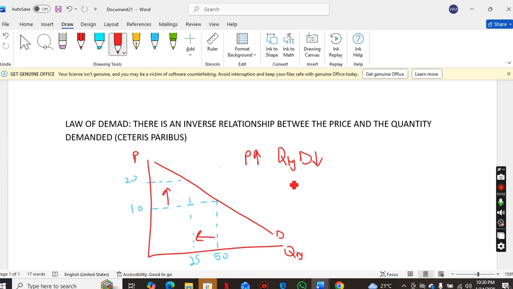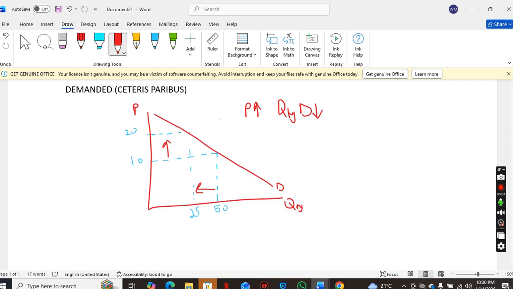Okay, yes. Now also we need to remember shifts in the demand curve, okay, which are called the non-price determinants of demand. Okay. So a shift in demand, our demand curve can shift. Like for example, if it shifts to the right like this, it means there's an increase in demand.